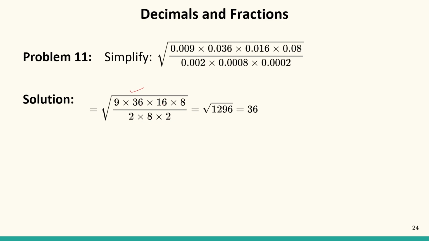And you can see here 16 into 8, so 32 cancels out. What we are left with is 9 into 36 into 4, square root, that is equal to the square root of 1296, which is equal to 36. So 36 will be the final answer.